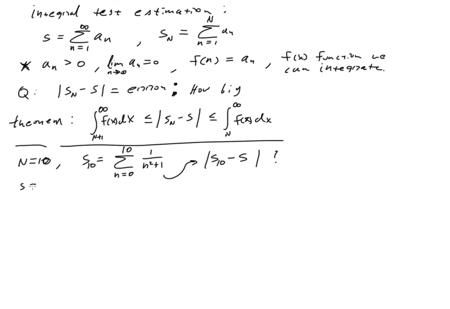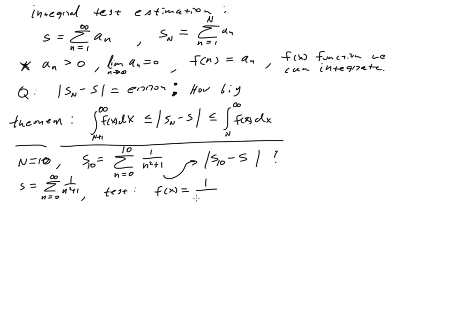And the series I'm interested in, of course, is the sum starting from n equal to 0, going all the way up to forever of 1 over n squared plus 1. All right, so I want to know, is S10 a good approximation? Or how good is it? So we'll use the test. What we have to do is look at and find out what the f of x is.